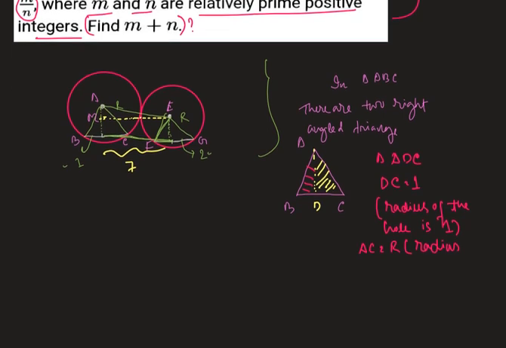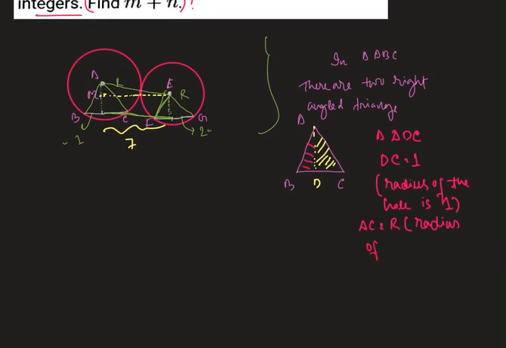Therefore, from the Pythagoras formula, we have the value of AD, which is root over r square minus 1.